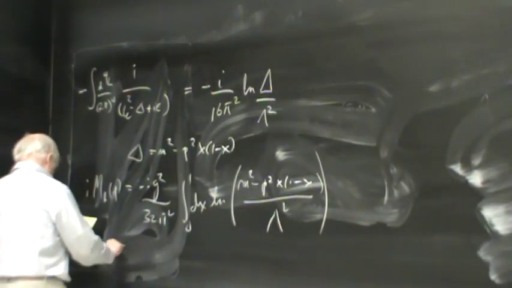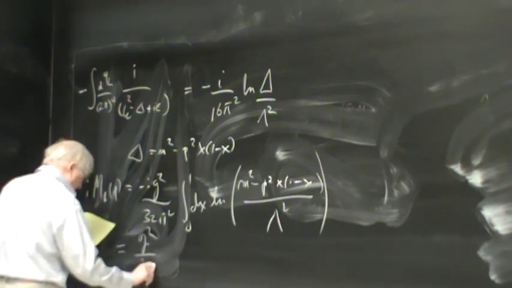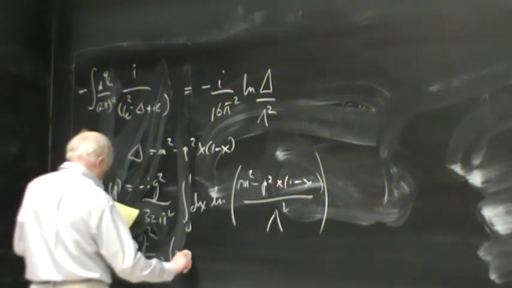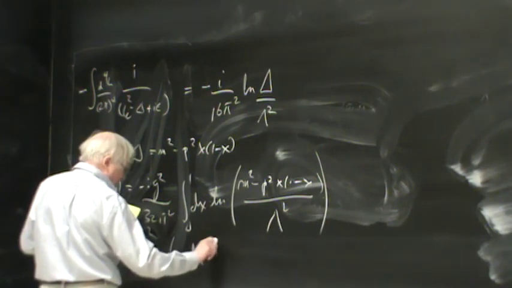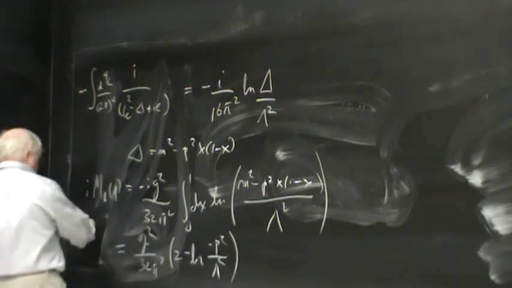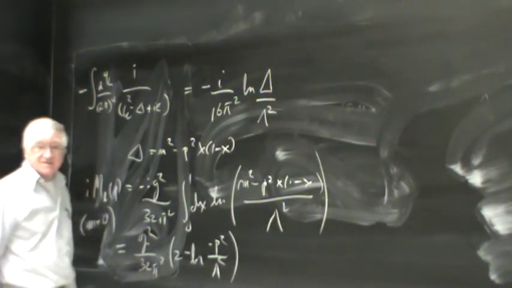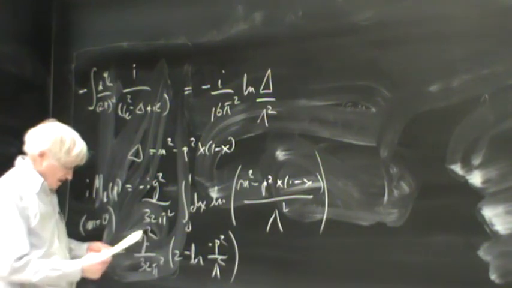And doing the integral, it's g squared over 32 pi squared (2 minus log of (minus p squared over lambda squared)). This is in the m equals 0 limit, just to make it a simpler calculation.